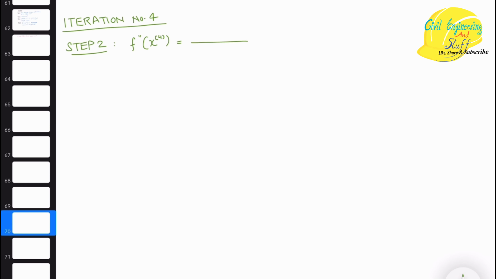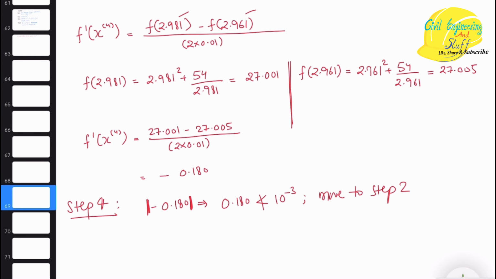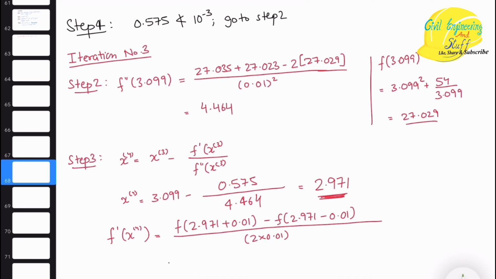So again I'll find out the value on this side. So f of x4. What was the fourth point? It was 2.971, I think. 2.971, right? So just put the values.